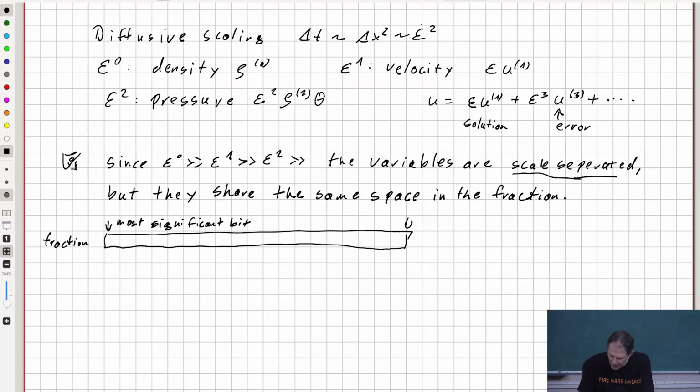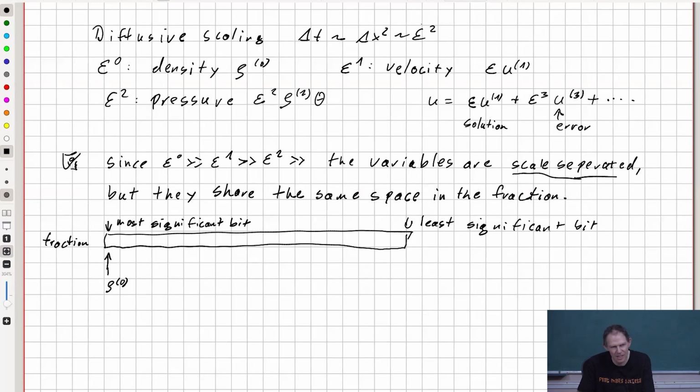And we have at the end the least significant bit. So how is our information stored? The largest thing that we have is rho 0.